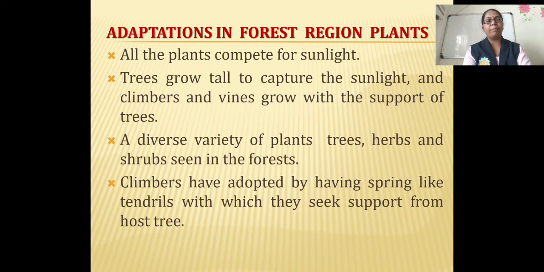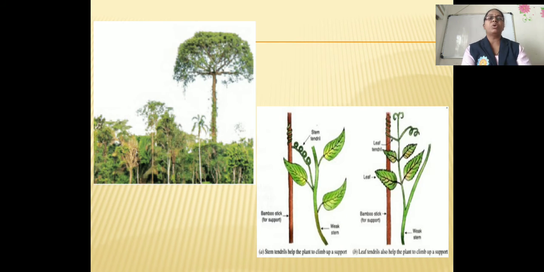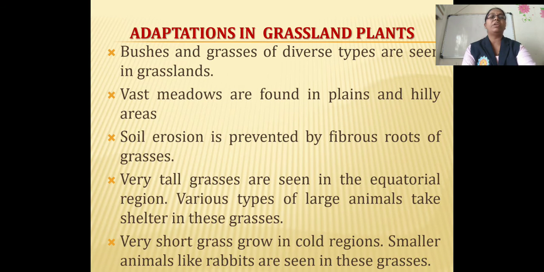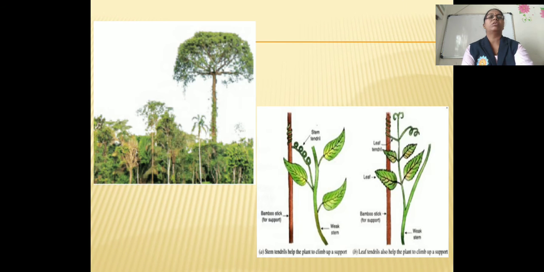Climbers have adapted by having spring-like tendrils with which they seek support from the host tree. Here in the pictures you can observe the tall trees and shrubs. Here is given how the adaptations grow in the stem tendrils. You observe in the picture stem tendrils. Next one is the leaf tendrils. In the picture, you can observe the stem tendrils and the leaf tendrils. So these are the adaptations in forest region plants.